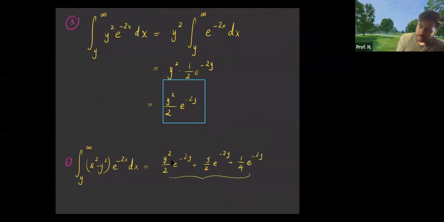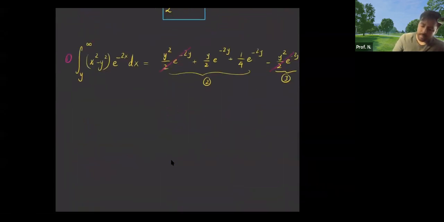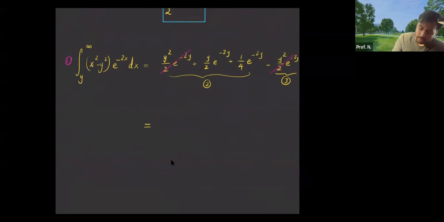This whole thing is 2. And then you subtract from that 3, which is y squared over 2 e to negative 2y. But then you cancel this term with this term, and you're left with y over 2 e to negative 2y plus 1/4 e to negative 2y.